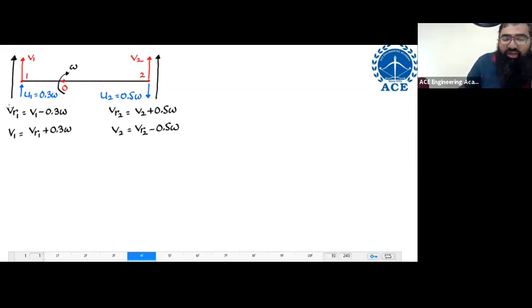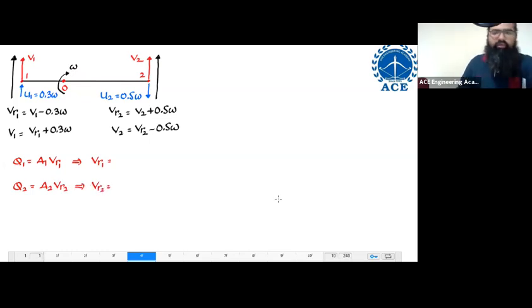Second step, you have to develop the value of VR1 and VR2. How do you do that? I told you already. Talk about discharge now. Q1 is equal to A1 into VR1, which implies VR1 is equal to. Similarly, Q2 is equal to A2 into VR2, implies VR2 is equal to.